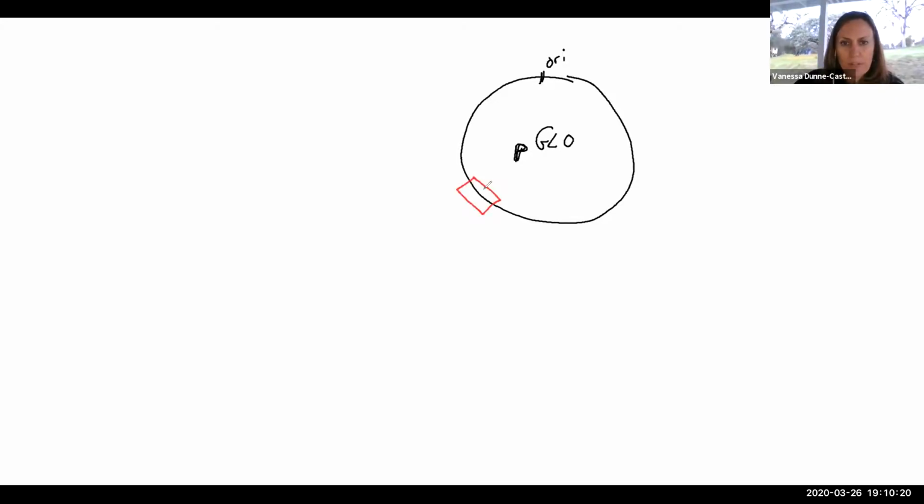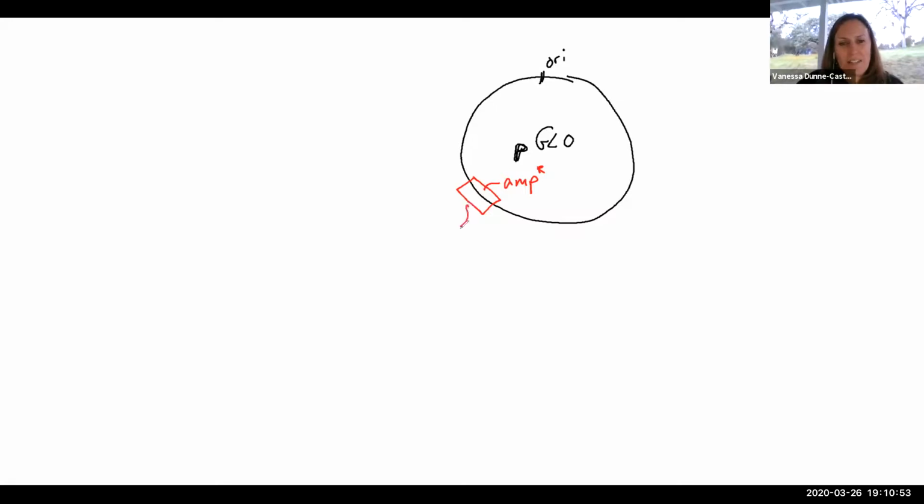Now, if you watched the video, you would have seen this is called the bla gene. We're just going to call this ampicillin resistance. It's provided by the beta-lactamase gene, an enzyme that breaks apart the beta-lactam ring on ampicillin. So it's what provides resistance to ampicillin, but we'll just call it ampicillin resistance until we get into chapter 10, where we'll talk about it in more detail.